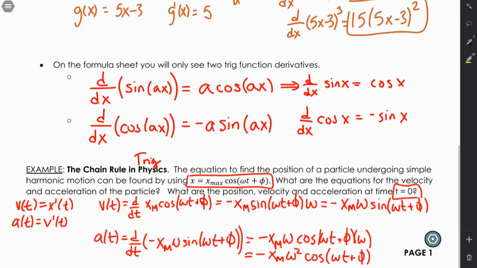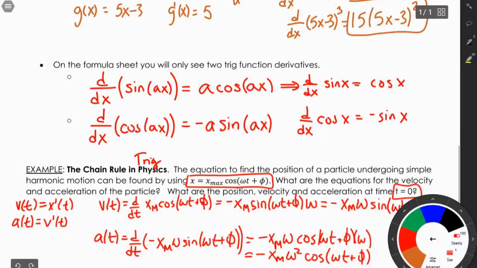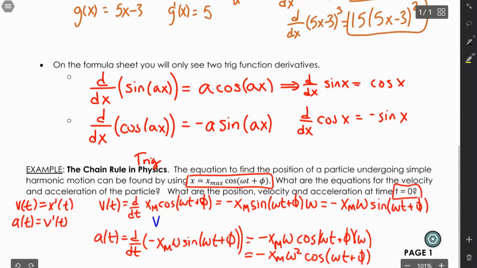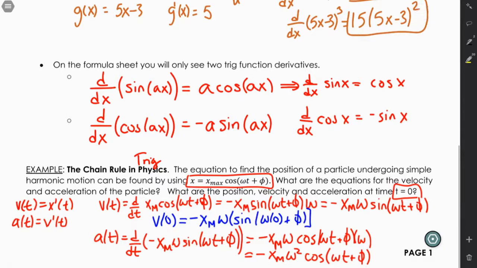Now to find the second part, I'll change the color real quick, because I'm going to write it underneath or near it. If I want to find v of 0, I'm going to take negative x max omega sine of omega times 0 plus phi. Really, phi is a phase shift, so we'll just call that 0.